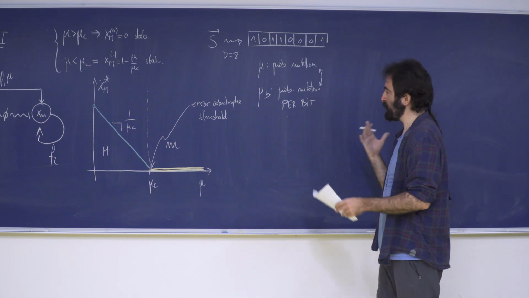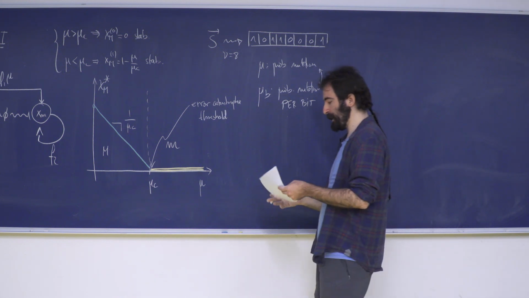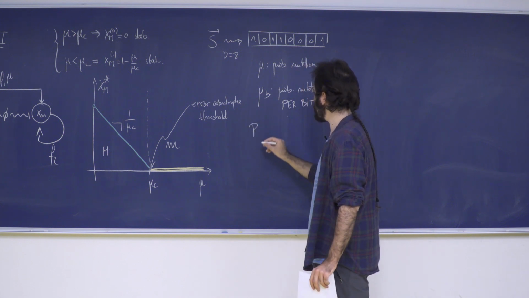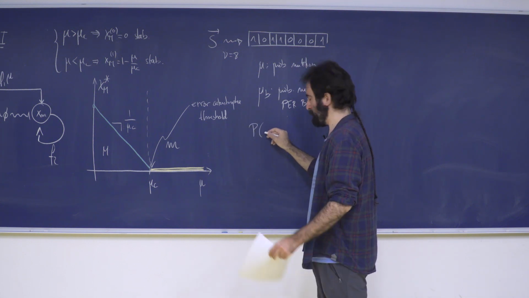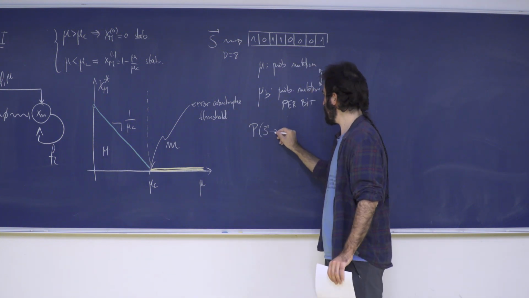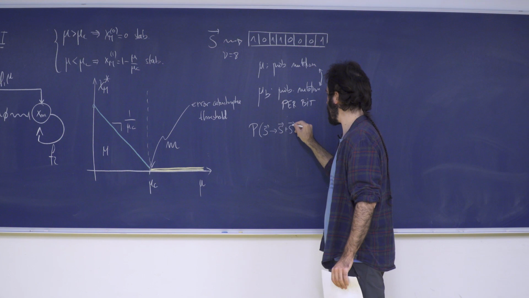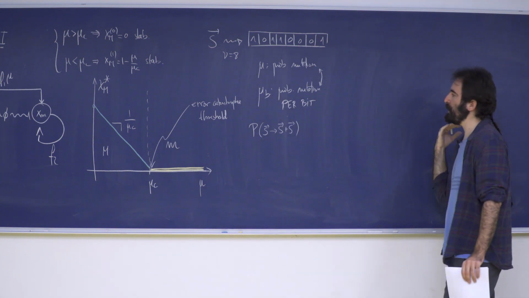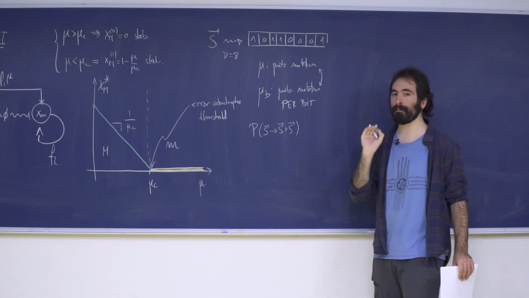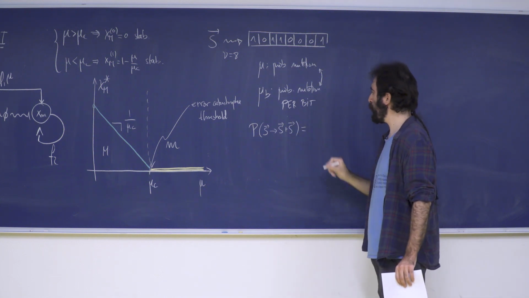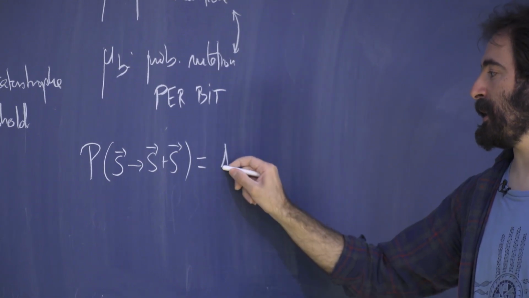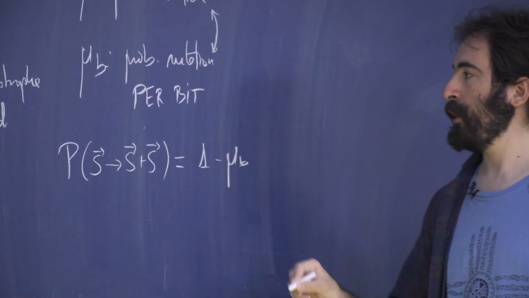Well, the answer is yes, we can do that, and we could think of this a little bit on the following lines. Consider, for example, the probability that there is no mutation. So basically the probability that a given string S, whatever it is, is going to give rise to two strings S that are exactly the same. How do we resolve this probability? Using the probability of single bit mutation. Well, for this to happen, if we think about it, there is no mutation for the first bit.